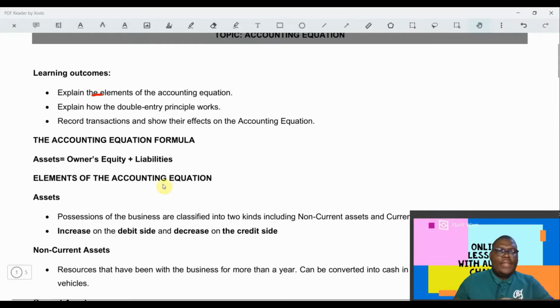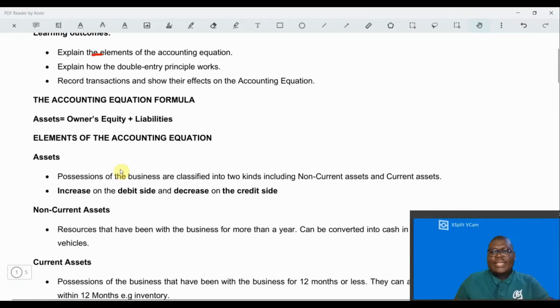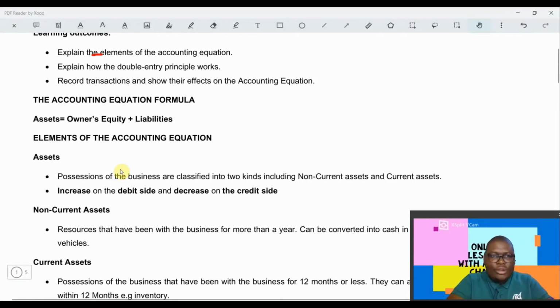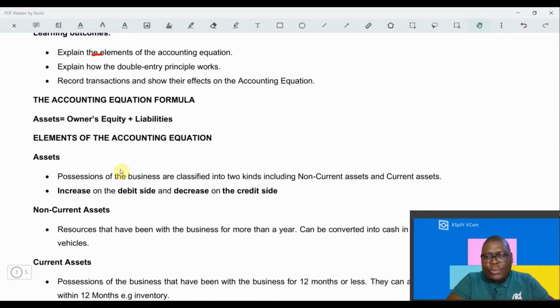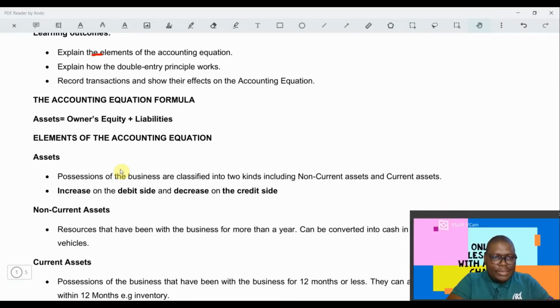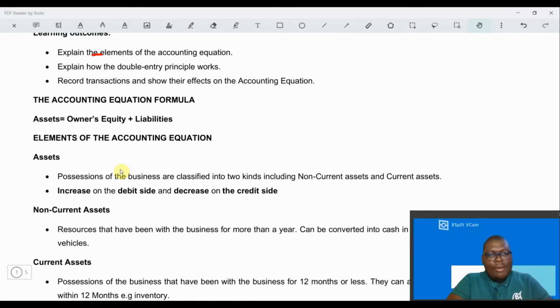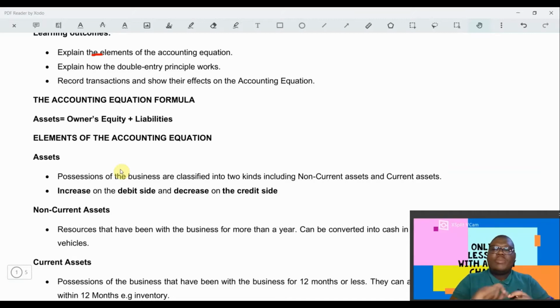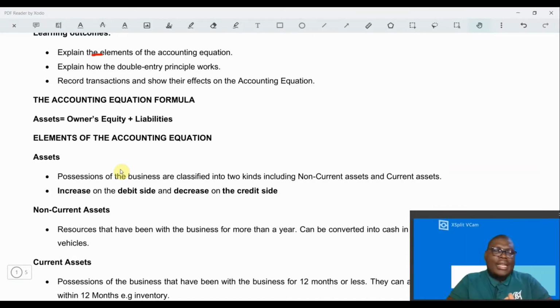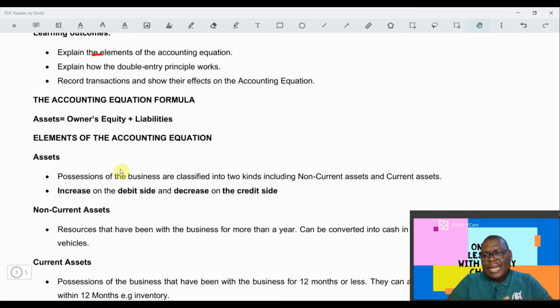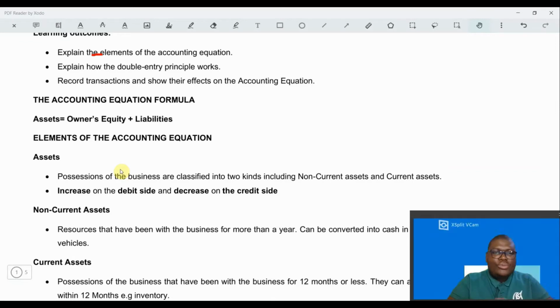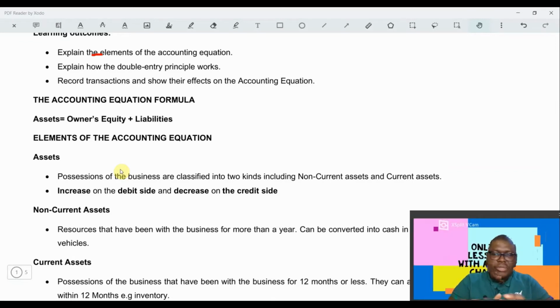Okay, and then we need to also understand the elements that are involved in the accounting equation, which makes us talk about the assets, one of the first elements that we're going to discuss. Assets are the possessions of the business. These are the things that we own, and we have two kinds of assets, which include non-current assets and current assets. I'm going to briefly describe the difference between the two types of assets as we proceed with the lesson.